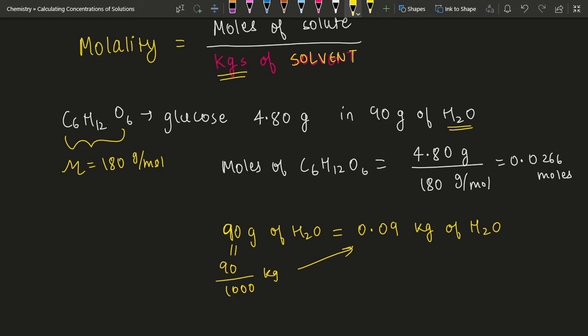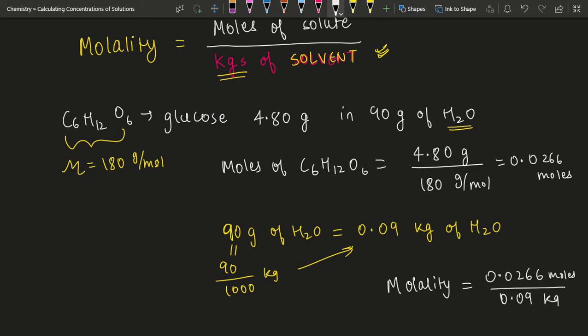And if you plug that into the equation that we have in the definition of molality, the molality is equal to 0.0266 moles divided by 0.09 kgs.